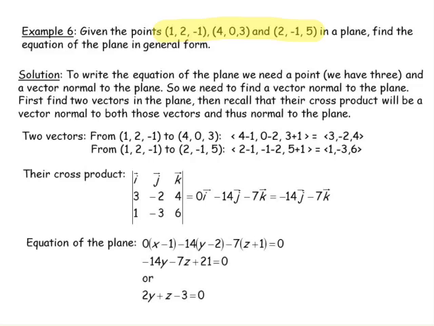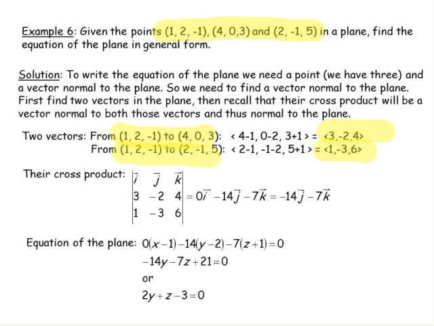So what I've done here is I've taken the first and second point, and I have found the vector that's formed between them. So I have the vector 3, -2, 4. And then I took the first and the third point here, and I found the vector between them to get me the vector 1, -3, 6. So those are two vectors that lie in my plane.